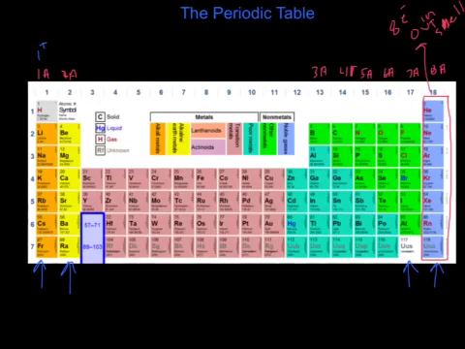Next we move to 2A and has a positive 2 charge. 3A, positive 3 charge. Now 4A, right here. This group is a plus or minus 4. So they can either give away 4 electrons or gain 4 electrons when bonding.